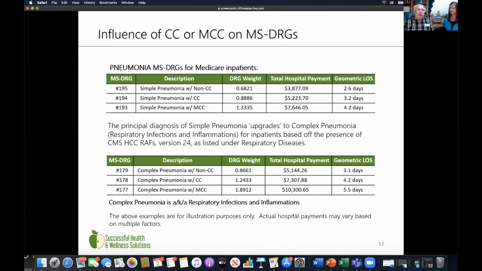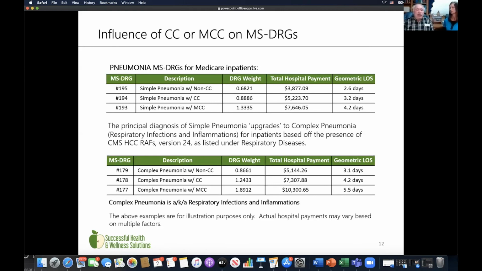So that's really going to cause a lot of resource consumption. So it's going to be very difficult to maintain what I would loosely term profit margins. I think the care of these patients will far exceed the subsequent payment. So it's really important to capture as many of these MCCs or CCs as possible.